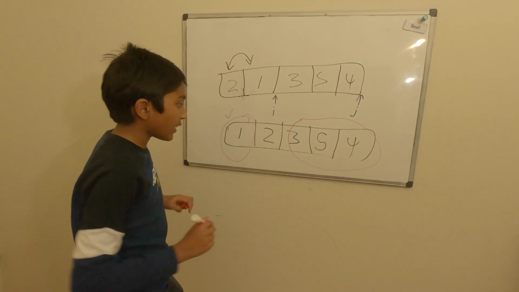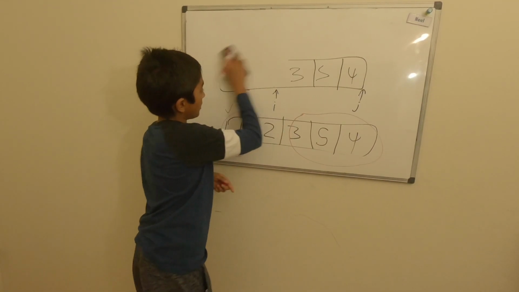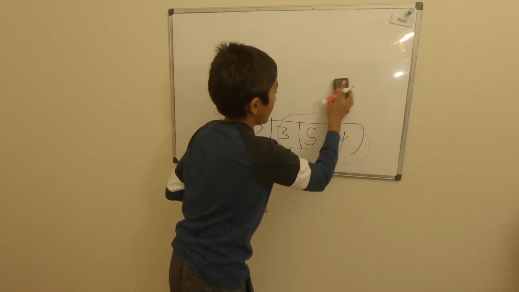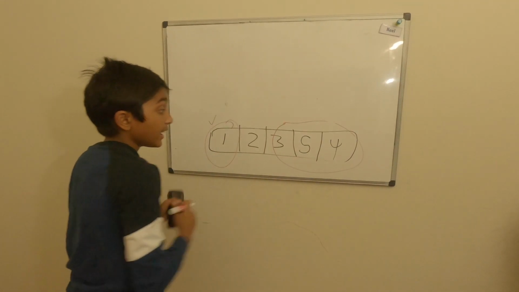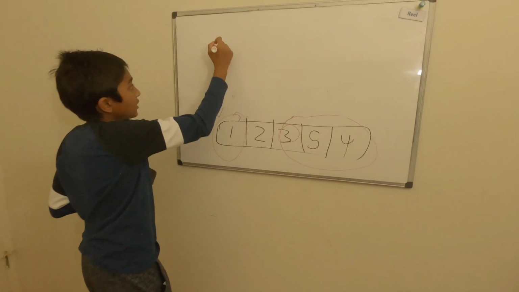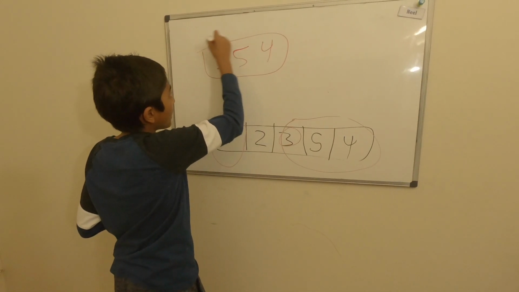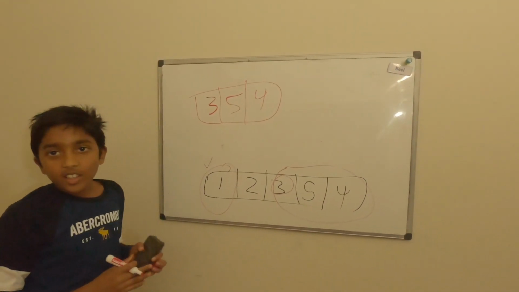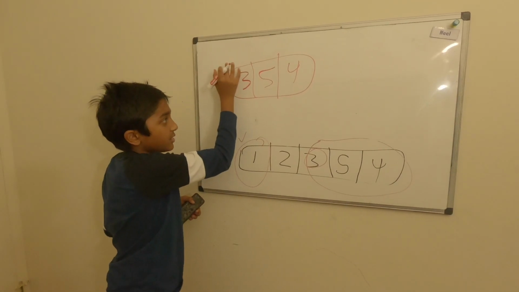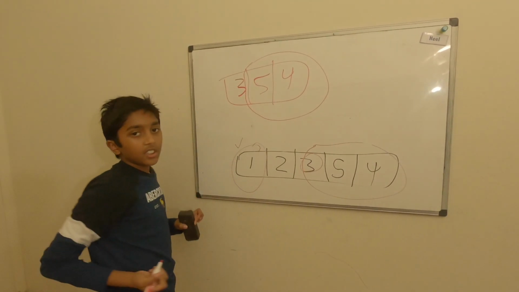In this function, it will get to something again, where the 3 is the pivot. This is already partitioned because all of these are bigger than it. So 3 stays here. We don't worry about the 3, and then we just do these 2.